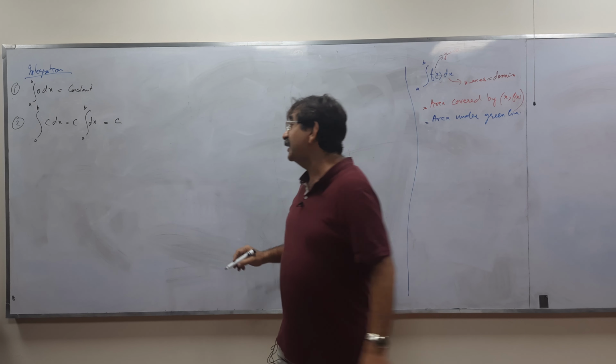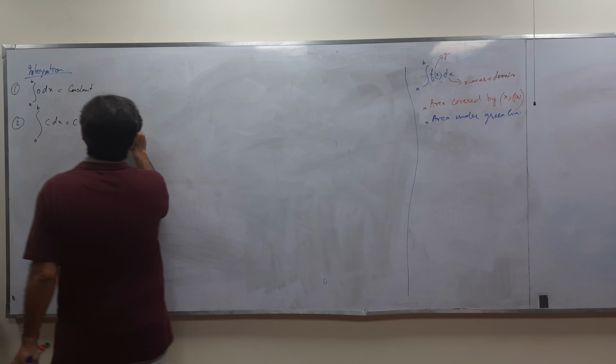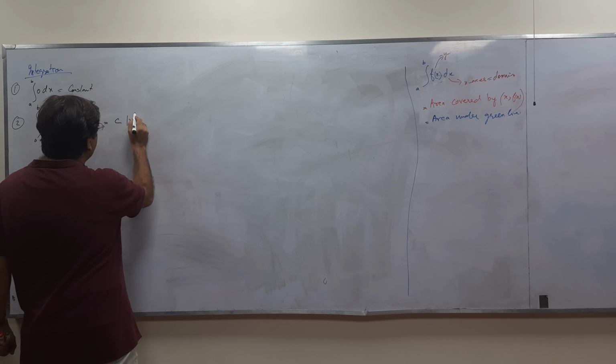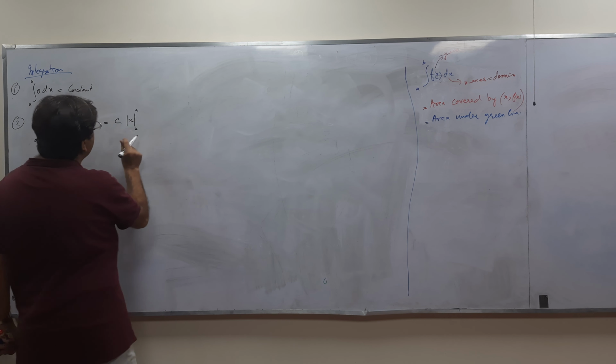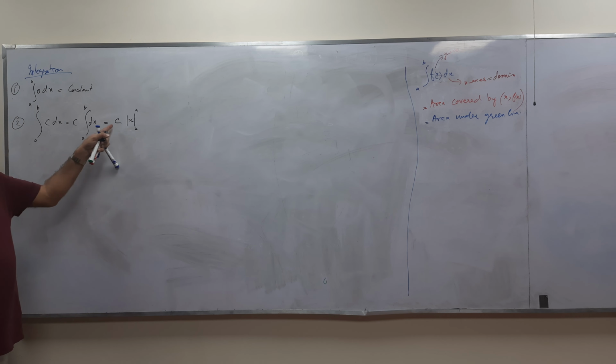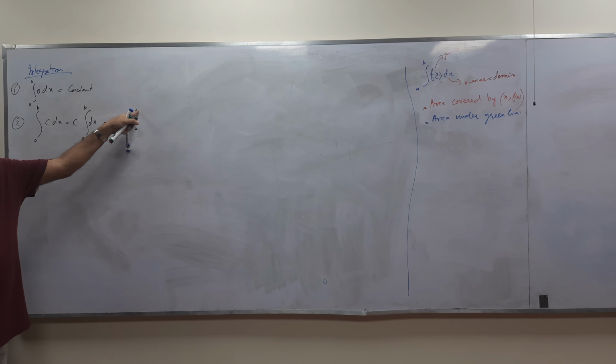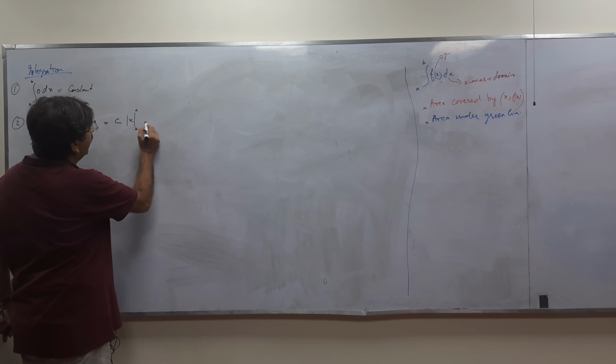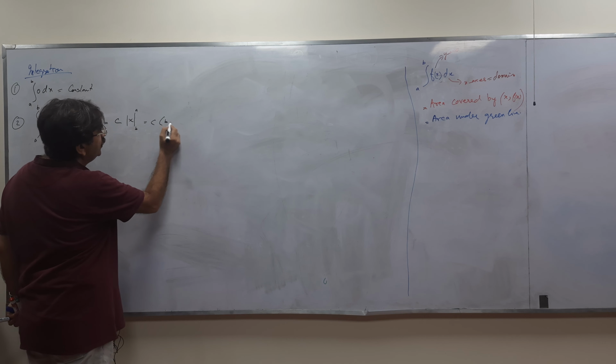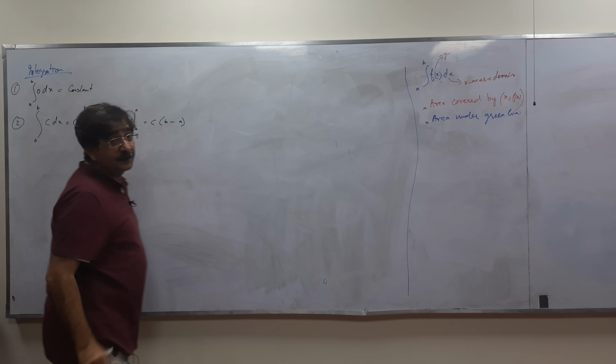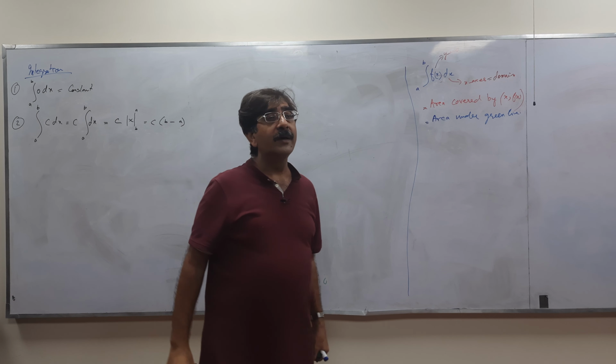This will be c x, but the boundary value is from b to a. So it will be written as c b minus c a.